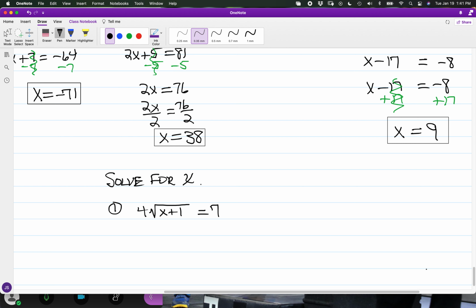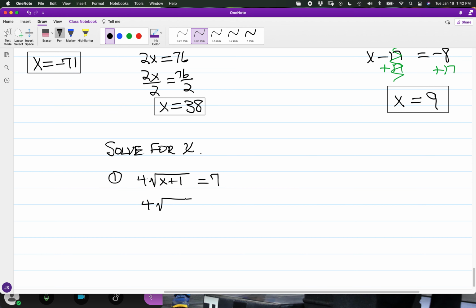Now, there are a couple of ways you can go about this. You can isolate the radical. So we have the square root of x plus 1. If we divide both sides of the equation by 4, we have that the square root of x plus 1 is equal to 7/4.